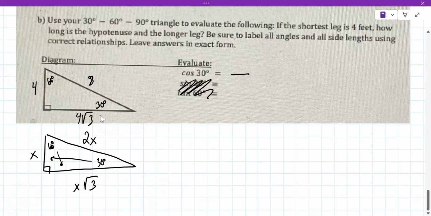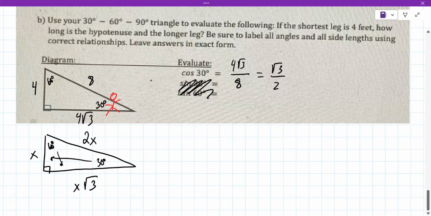Yes, you presume that you're standing there at the 30 degrees and you figure out what's adjacent and what's opposite to you. It would be 4 square root 3 over 4. That's adjacent over opposite. We want hypotenuse on the bottom. Oh my gosh, my bad. That's 8. Now this does reduce. The 4 and the 8 reduce, becomes the square root of 3 over 2.